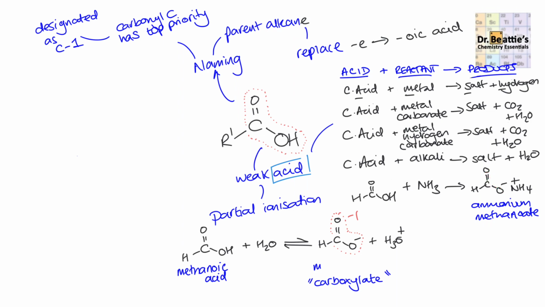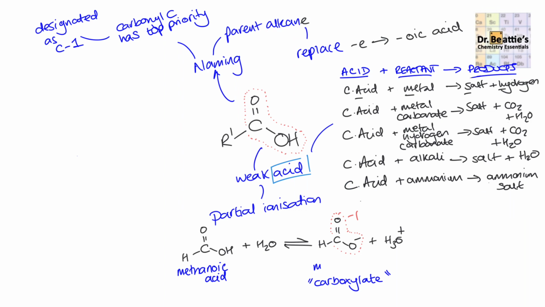So at this point, this table here summarizes some of the key reactivity that carboxylic acids have with metals, metal carbonates, alkalis, ammonia, and metal hydrogen carbonates. So you're best to practice and learn these on flashcards and be able to identify and draw the symbol equations as well.